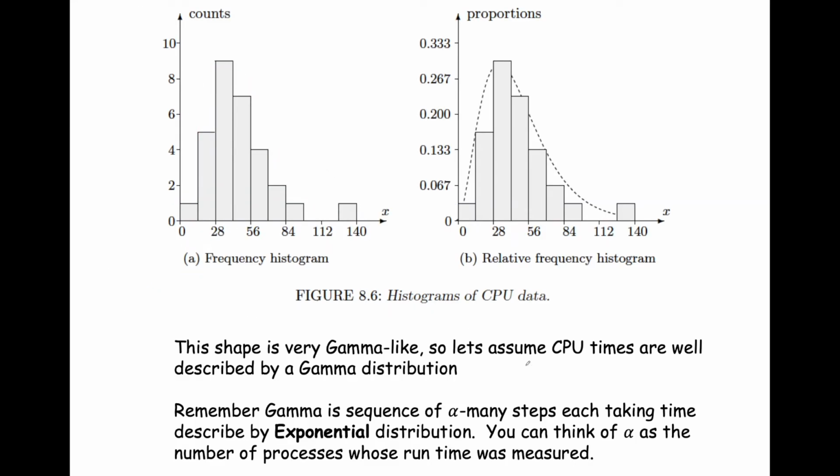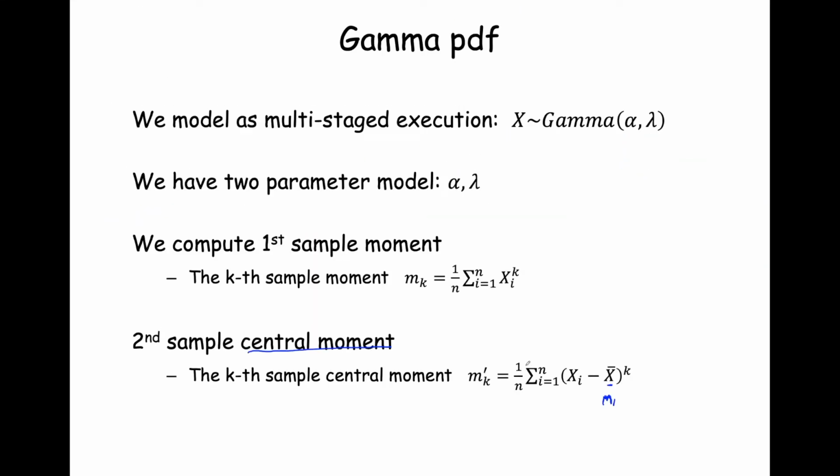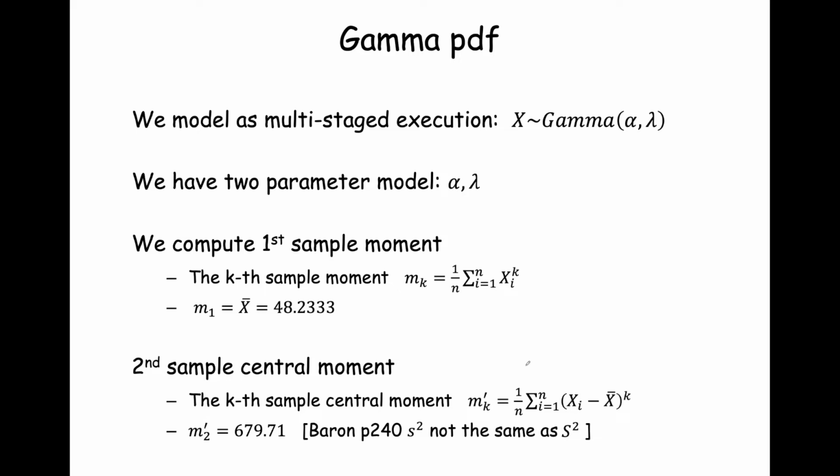So when we compute our first sample moment, what we're doing is just computing this x bar, where these x_i's are raised to the 1 power, because it's m sub 1, and those x_i's are just the samples that you're given, your actual measurements for your job CPU times.